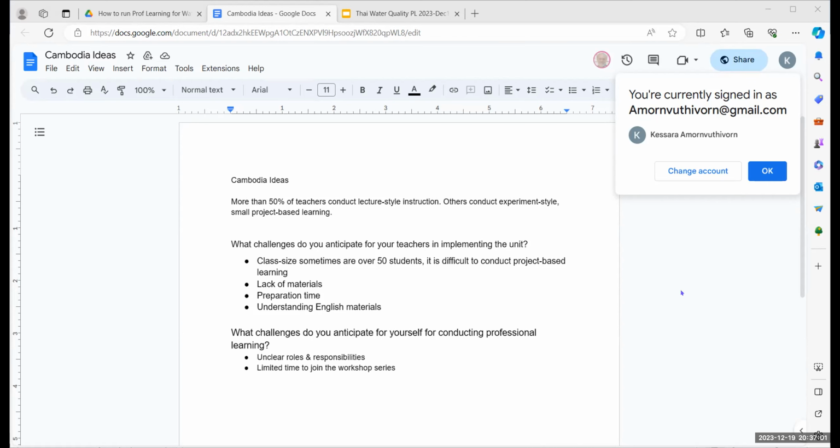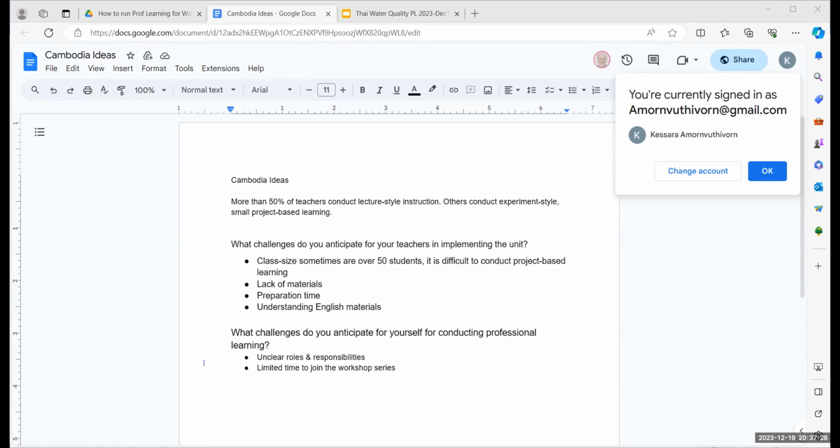Most of them, sometimes they know how to use project-based or inquiry-based, but it depends on the class size of the students also, because sometimes the class has 50 to 60 students in a classroom.